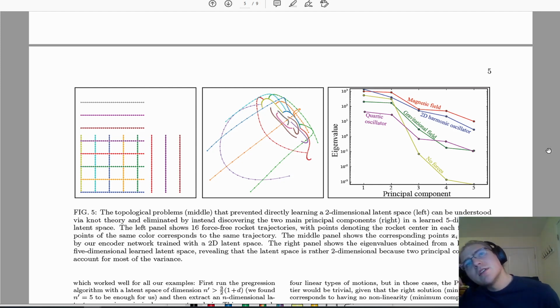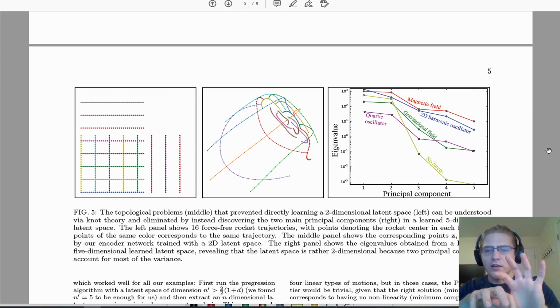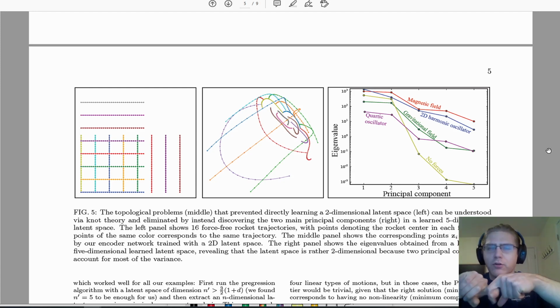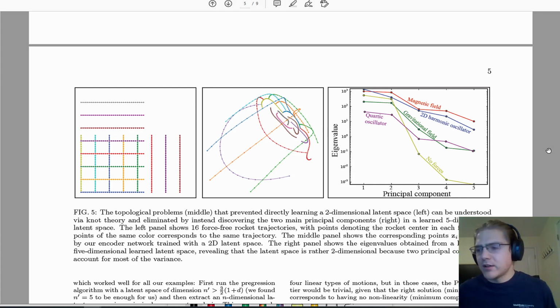The problem is that in 2 dimensions, you're trying to smoothly deform these paths, and you can't take 2 paths, cross them, and pull them apart. You end up with things analogous to knots in the latent space, and that prevents you from learning a really good latent representation.